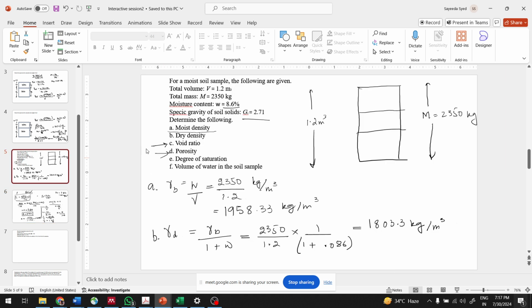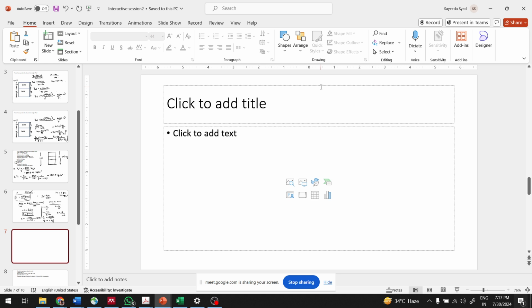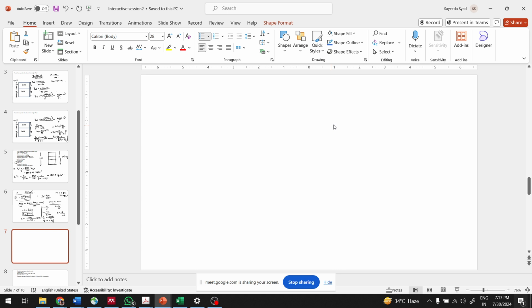The next thing that we have to calculate is the degree of saturation. Now that we know the void ratio, we already know the GS and the W, we can simply calculate the degree of saturation through GW equals ES. That implies 2.71 into 8.6, was it?